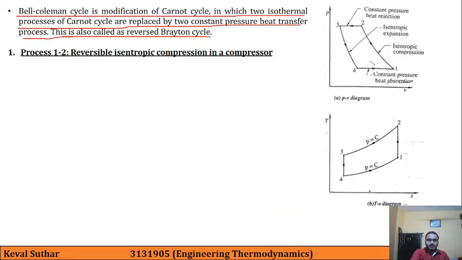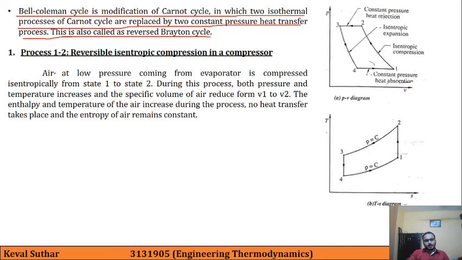So first is the compression process. Air at low pressure coming from the evaporator is compressed isentropically from state 1 to state 2. During this process, both the pressure and temperature increase.